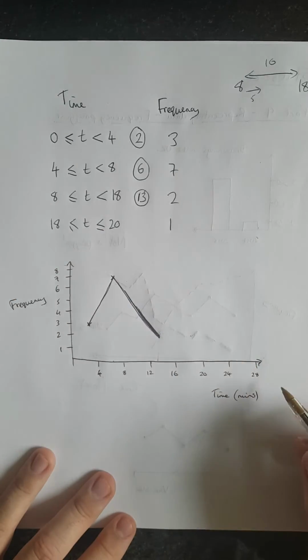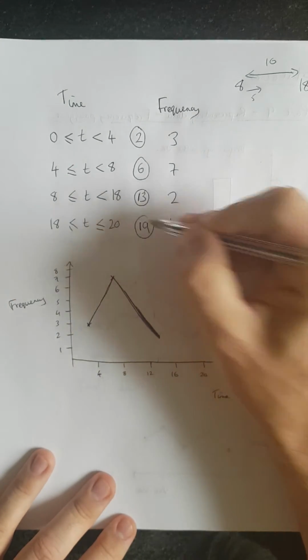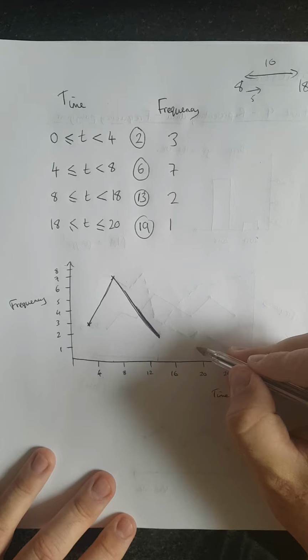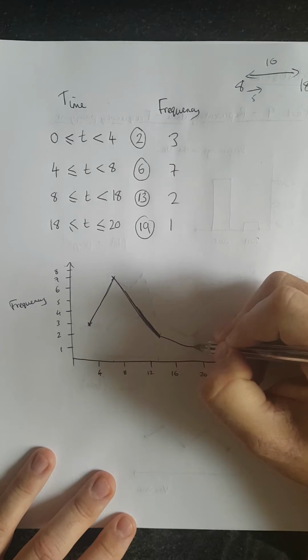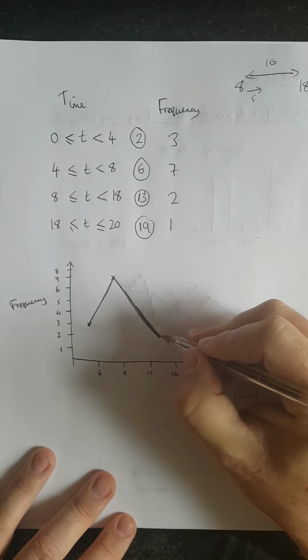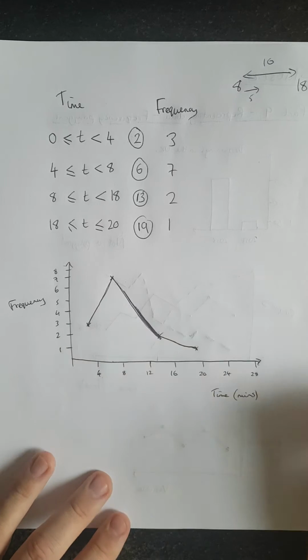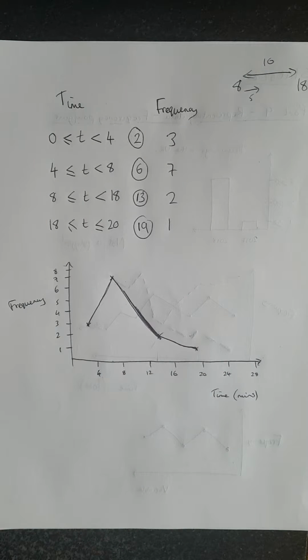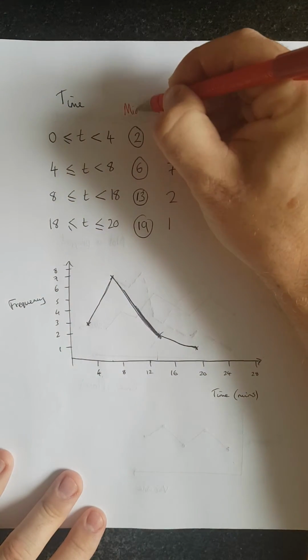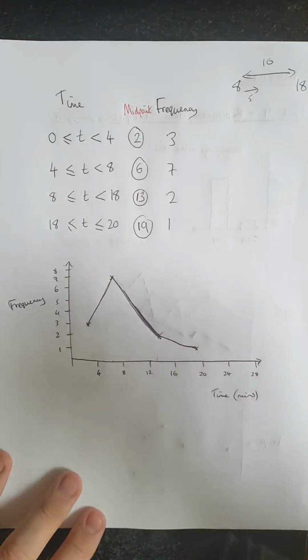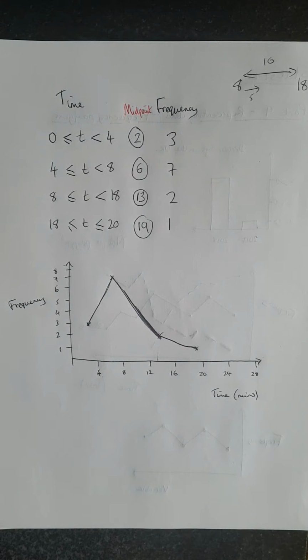And 18 to 20, so the middle is 19, has a frequency of 1. And that is how you draw a frequency polygon. So you take the interval, you plot the midpoint of the interval against the frequency, and then you connect them up with straight lines.